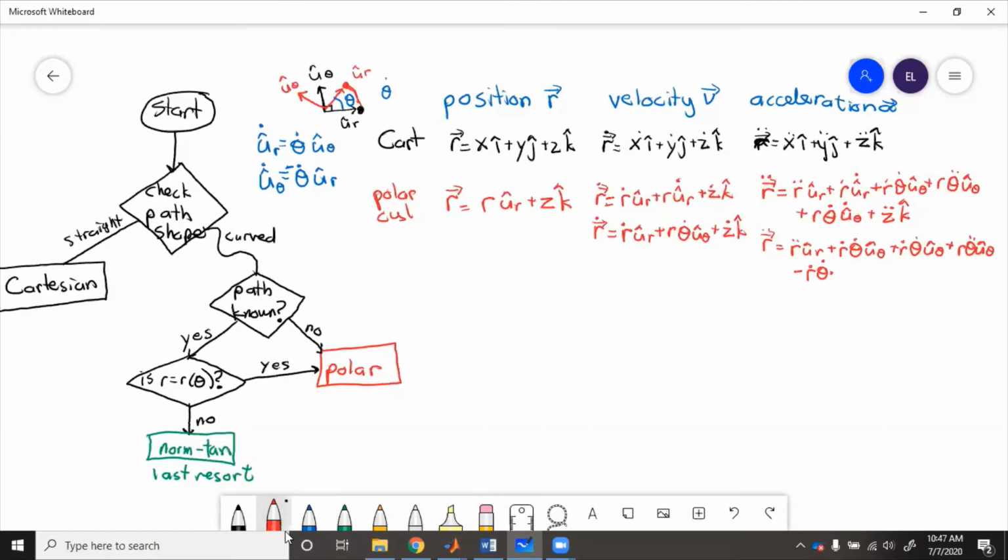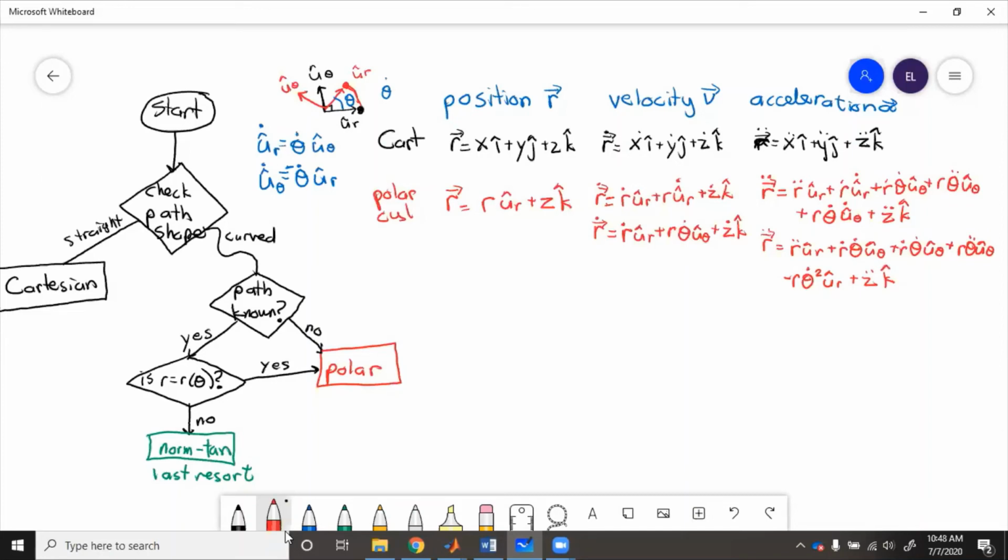So we'll have minus r, sorry, start back over with that one. So r theta dot, and then this is going to be negative theta dot, so that'll square u_r plus z double dot k hat.